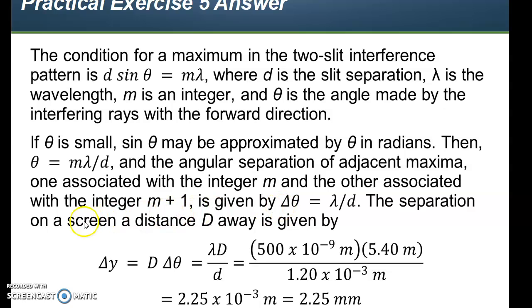So the separation on the screen, a distance D away, is given by delta y equals the distance times the change in that angle, or lambda D over small d, or just 500 times 10 to the minus 9th meters, that's the nanometers, times the 5.4 meters, divided by 1.2 times 10 to the minus 3rd meters for the small d.